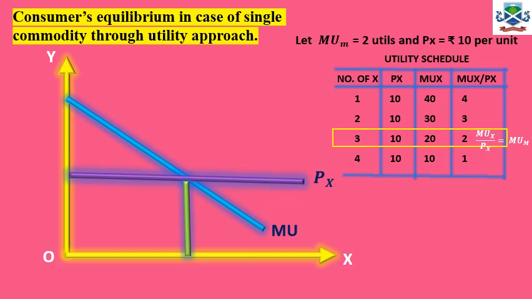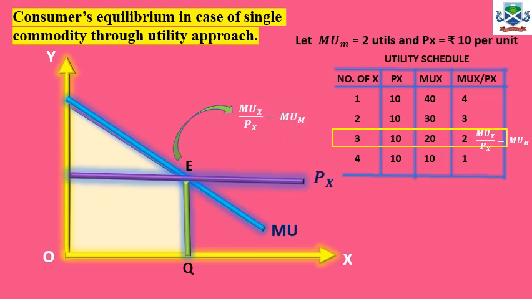You will find the price line intersecting the marginal utility curve at point E, and the consumer is getting OQ units of the commodity, where he gets the maximum satisfaction. As shown in the shaded region, that is the total satisfaction he is getting after consuming OQ units of the commodity X.